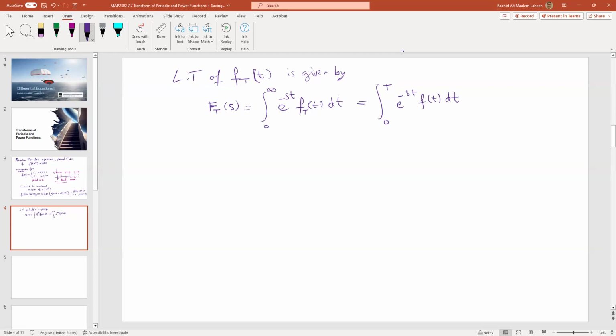So these are the formulas, but let's put them together in a theorem and describe it. You have a transform of a periodic function, and here is a theorem that's going to put this together.